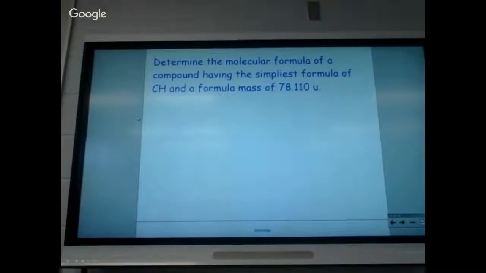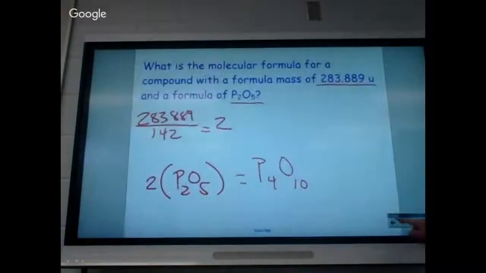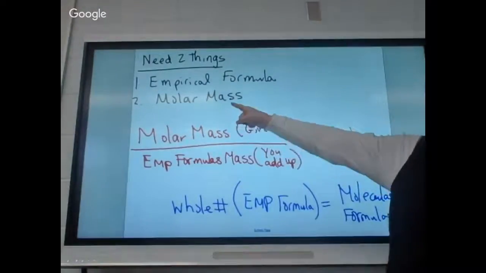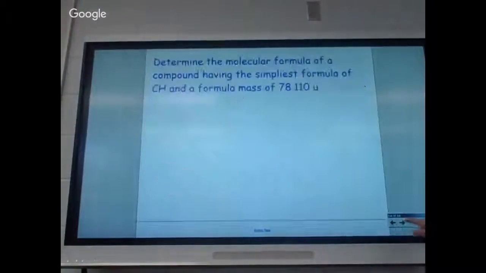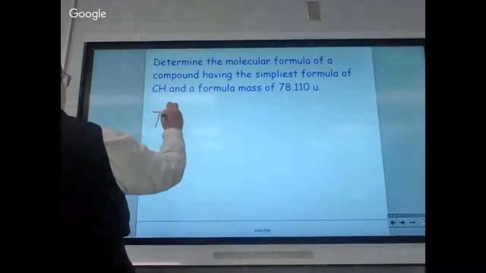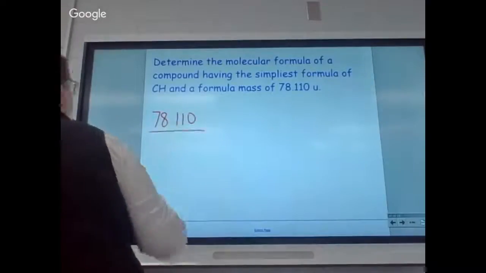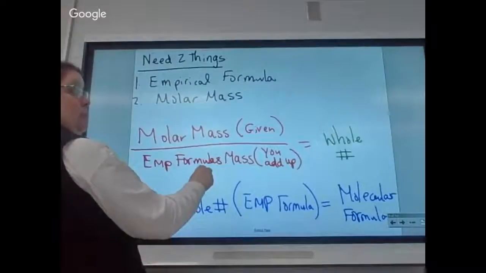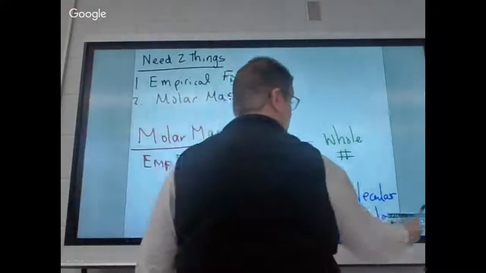So what do you do with that 13? Where did the 13 come from? Goes on the bottom. That's why we take notes. Find the molar mass. What mass did they give you in the question? I thought they already gave us the molar mass. That's right. So you write 78 on top, divided by the mass you add up. What do you have to add up? C and H.